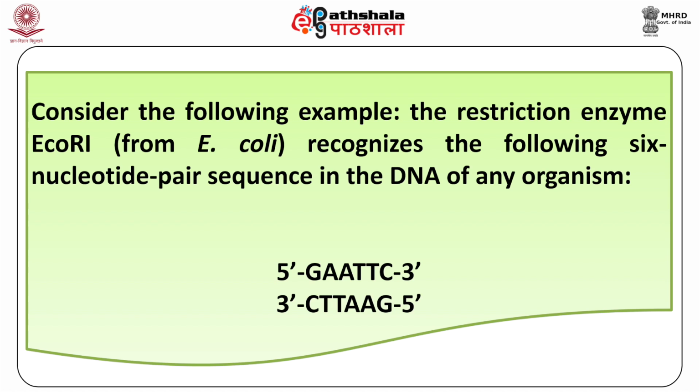The code is 5' GAATTC 3' and 3' CTTAAG 5'. Such a segment of DNA is called a palindrome sequence, which means that both strands have the same nucleotide sequence but in antiparallel or opposite orientation.